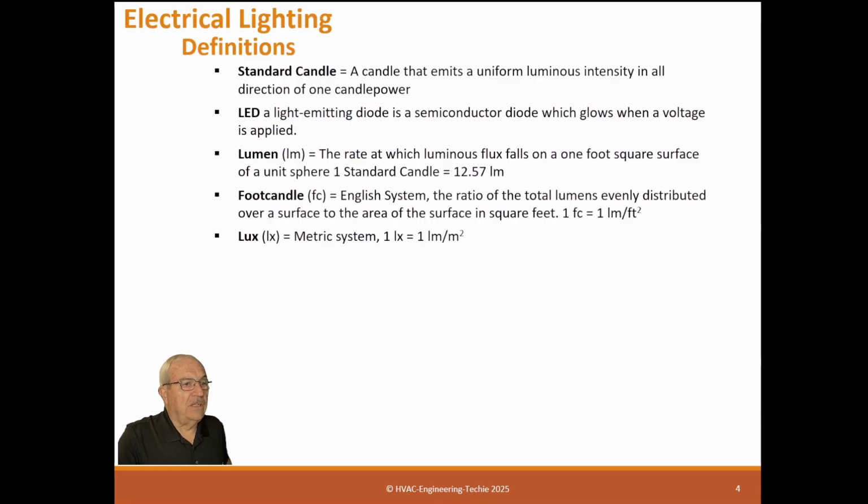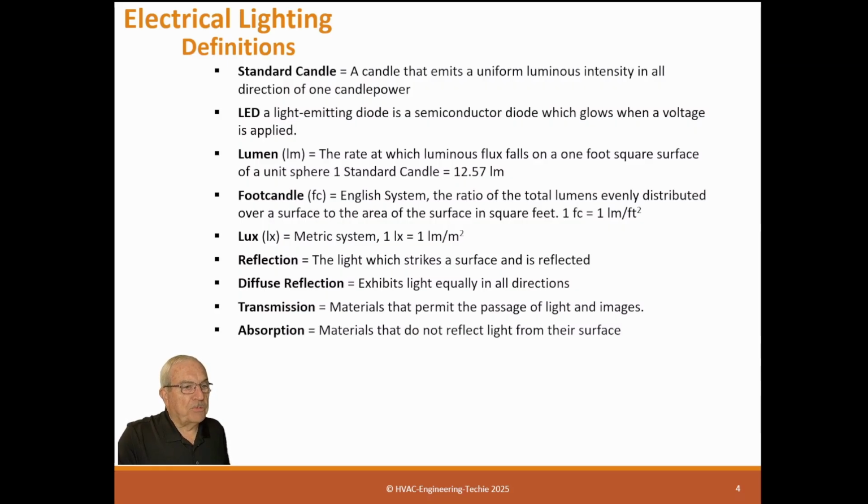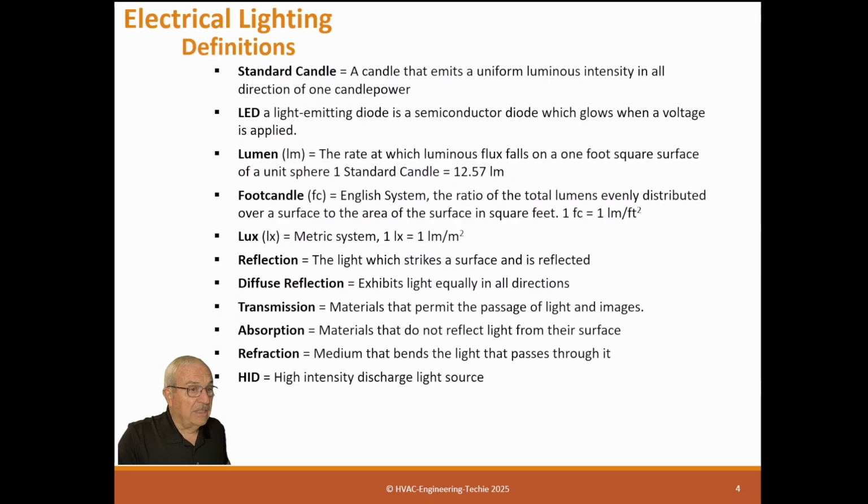Reflection is the light which strikes a surface and is reflected. Diffuse reflection exhibits equality in all directions. When it's diffuse light, it's not going to glare or bounce back and forth. Transmission, materials that permit the passage of light and images. Absorption, material that does not reflect light from the surface, it absorbs it. Refraction, a medium that bends the light that passes through it.